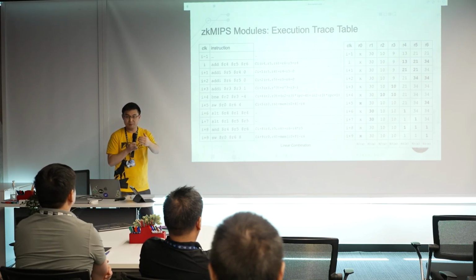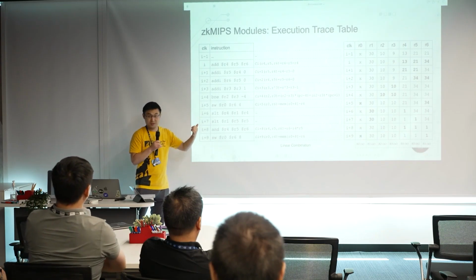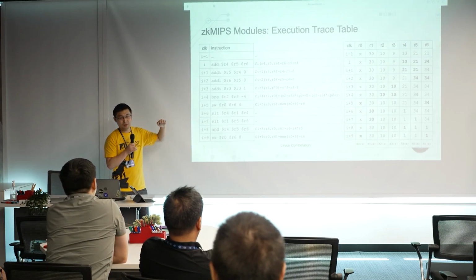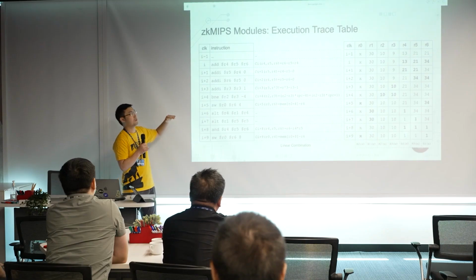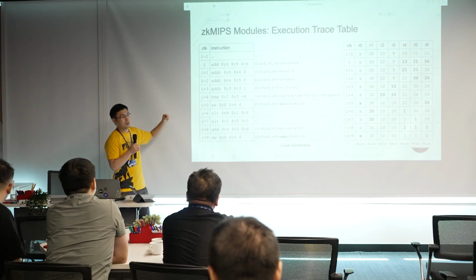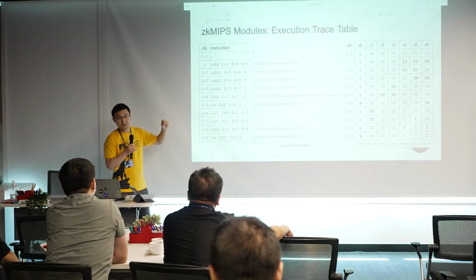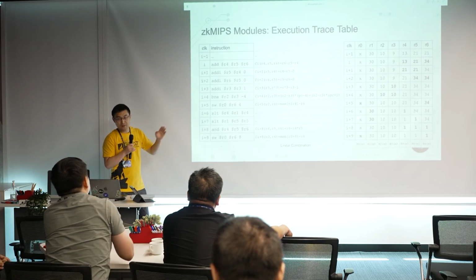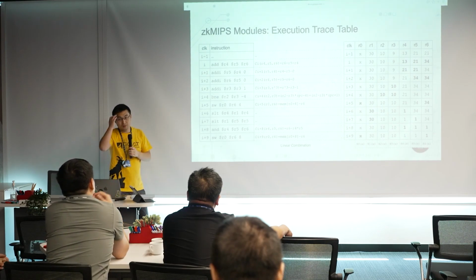So when we generate the table, all the columns can be considered as registers. That means we not only have the registers from the MIPS, we also have the auxiliary registers.